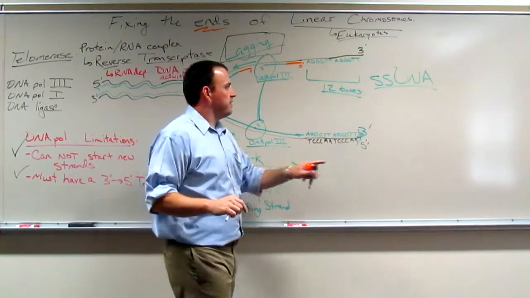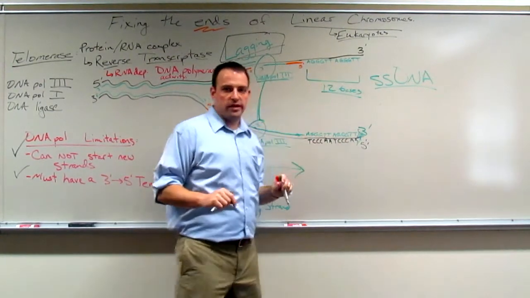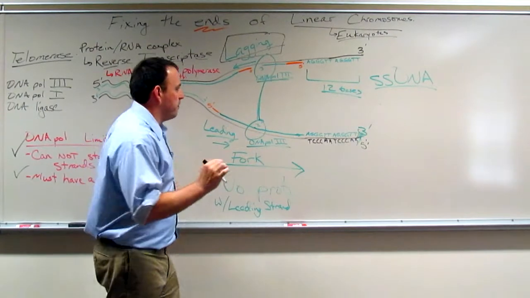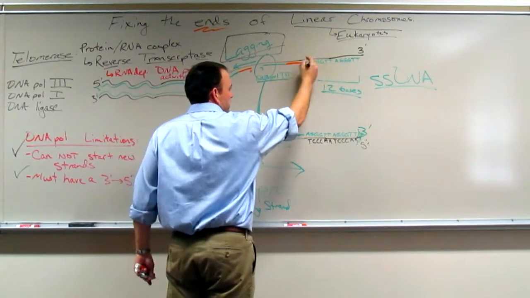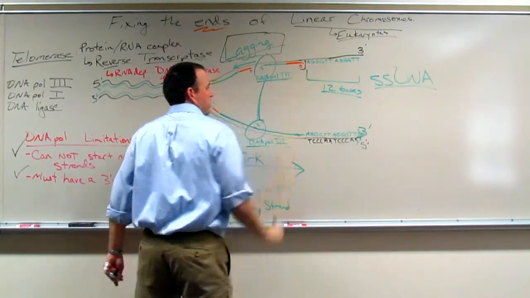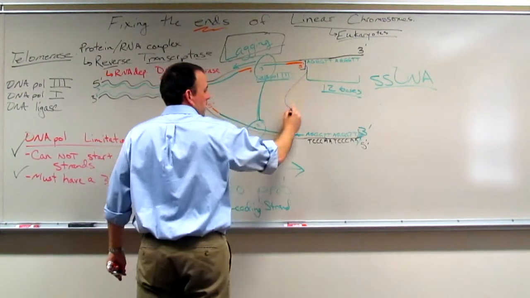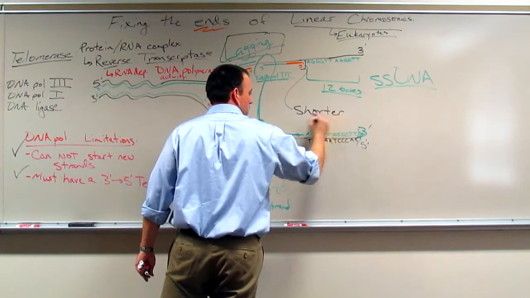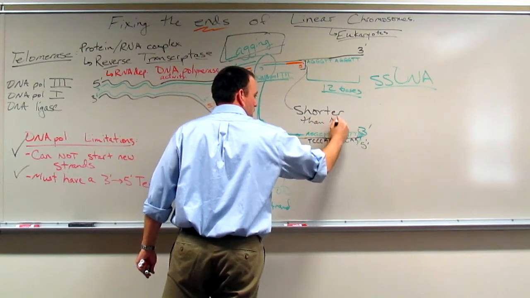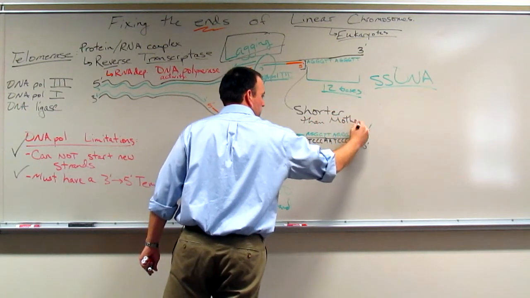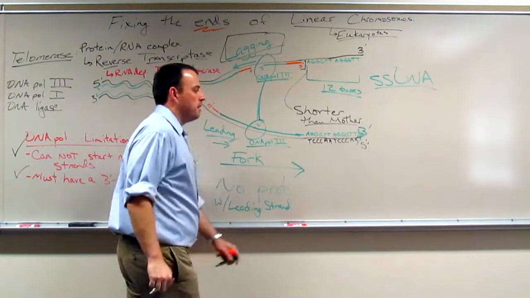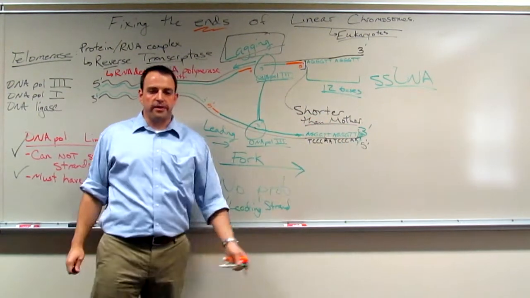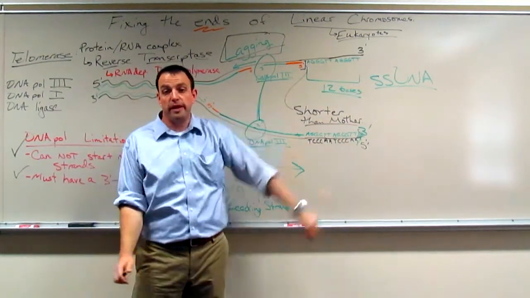So we need a mechanism that overcomes this single-stranded DNA, and the other thing we need to do is address that when this bottom strand, this new strand of DNA gets copied, it would all of a sudden be shorter than the mother strand. That doesn't sound like a big deal. Yeah, here we lost 12 bases.